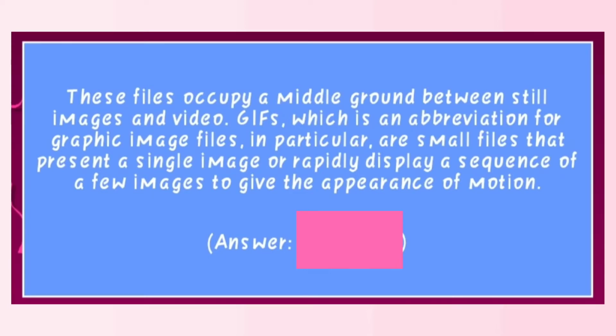GIFs, which is an abbreviation for graphic image files, in particular, are small files that present a single image or rapidly display a sequence of a few images to give appearance of motion. What's the answer? The correct answer is animation.